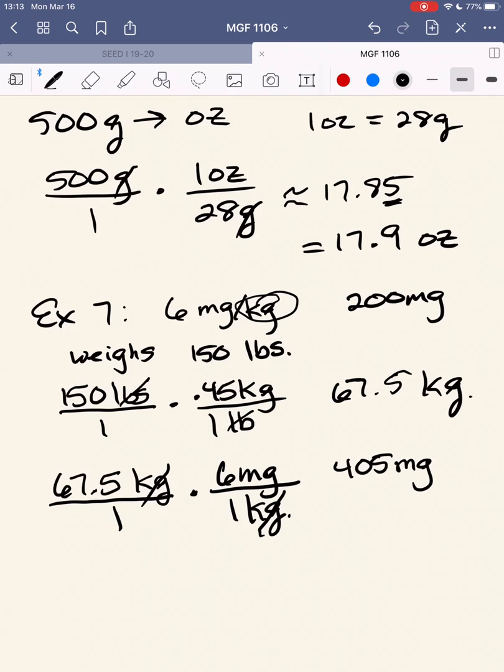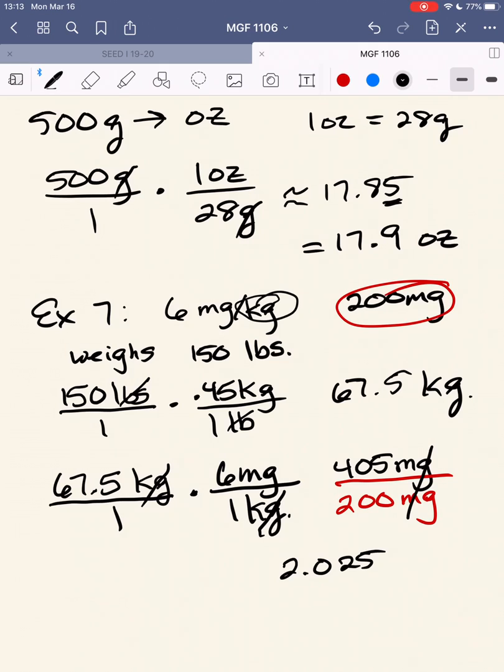Now each tablet is 200 milligrams, so I divide this by 200, and I need the milligrams there. The units cancel out, and this person is going to need about 2.025 tablets.